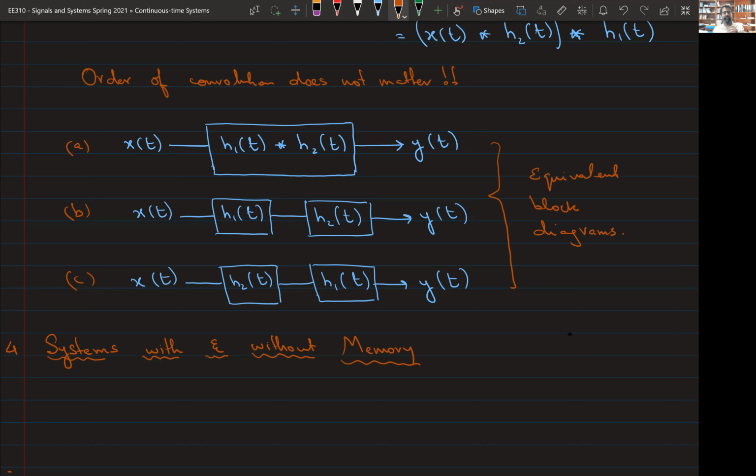So what we want to figure out is, if an LTI system is memoryless, what particular condition does the impulse response satisfy? Or in other words, if we just look at the impulse response, can we determine what condition the impulse response has to satisfy for the system to be memoryless or for that system to be with memory? Okay? All right.